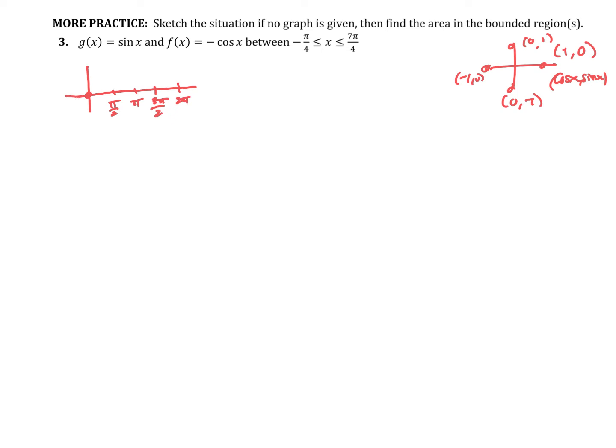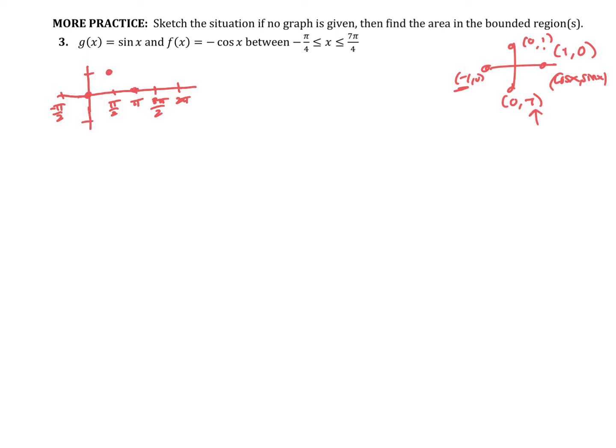And I know I'm going to have to make my graph go negative eventually just to meet the requirements of the bounds that they gave us in this problem, but I'm going to just start by sketching sine. So sine of 0 is 0. Sine of pi over 2 is 1. If we come over here, sine of pi is the y value of that point, which is 0.